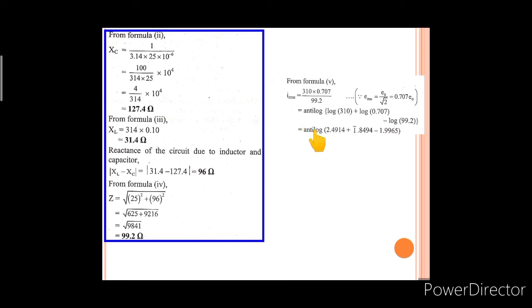1.9965. So next step we have to write antilog in bracket the values of log 310, log 0.707 and log 99.2.